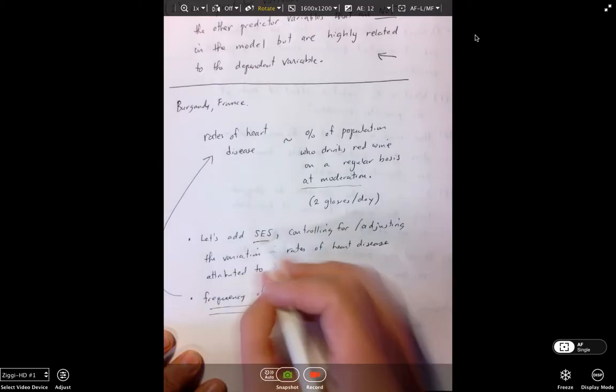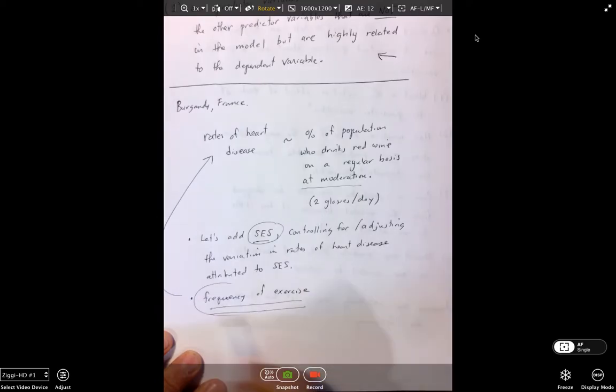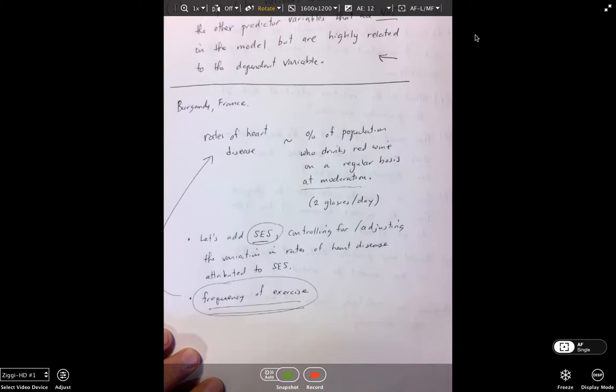It turned out that socioeconomic status and frequency of exercise are highly correlated. I do have to tell you, there is some research out now that claims there are actually chemicals in red wine that seem to be related to decreased rates of heart disease. But I'm just talking about this initial study.